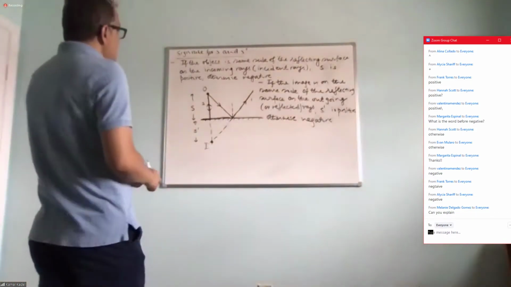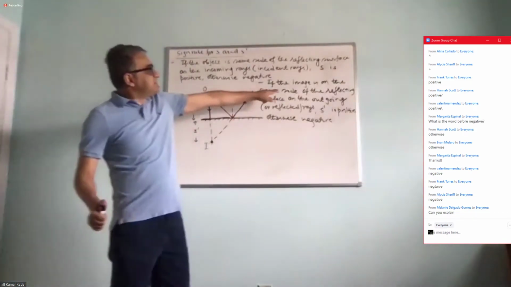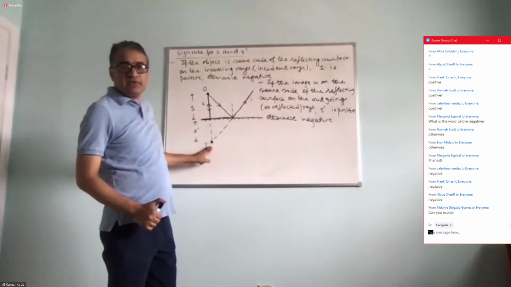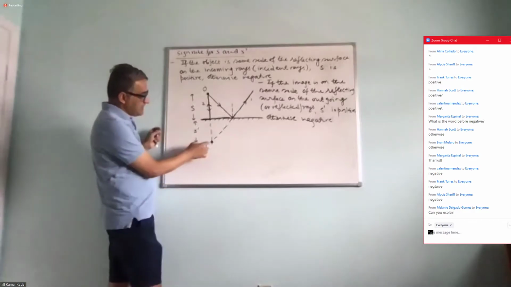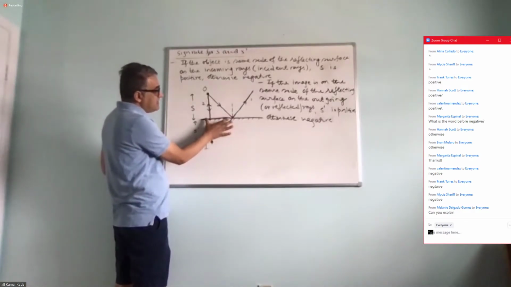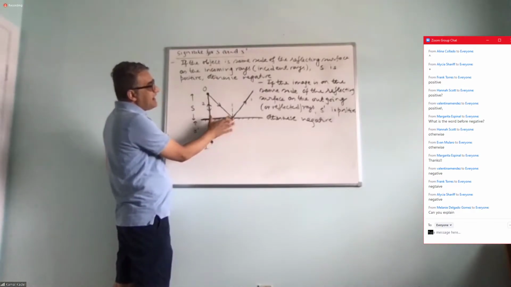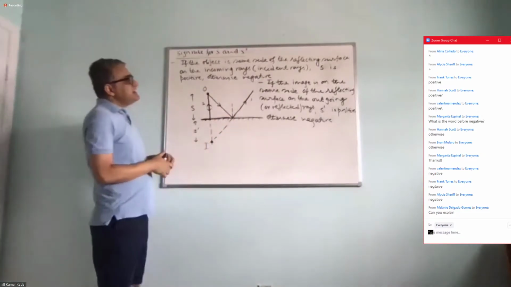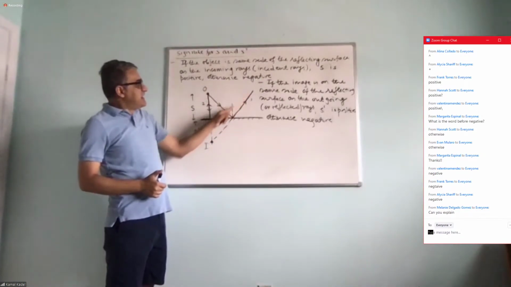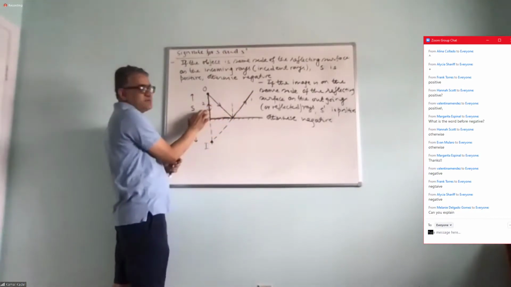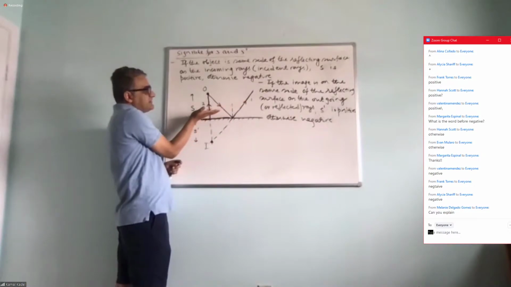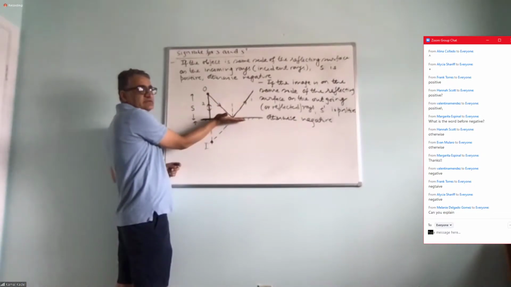What it says here is, if the image is on the same side of the reflecting surface as the outgoing or reflected rays. In this case, these are the reflected rays, this is the reflecting surface.